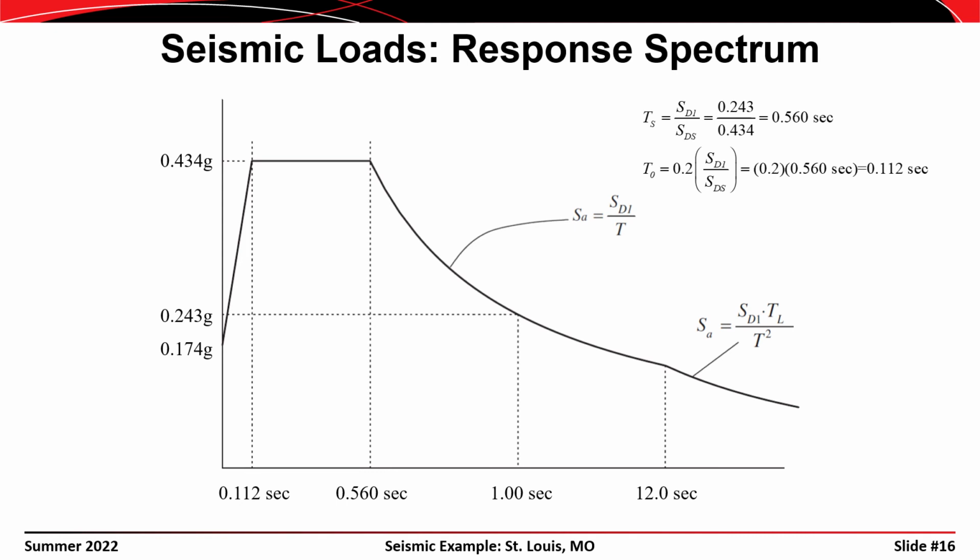We end up with a value of 0.243 g at a period of 1 second. We end up with a minimum value at a period of 0 seconds equal to 0.174 g. And we have transitions at 0.112 seconds and 0.560 seconds.